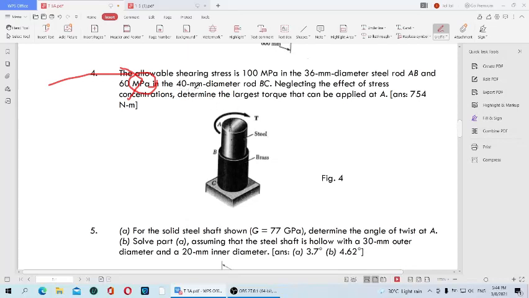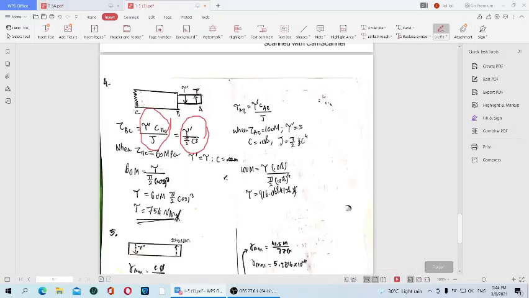For example, 40 millimeter, you convert into meter and cut it by half, thus you get 0.02 meter. You include the value in the equation, thus you will get 754 Newton meter for the first problem.